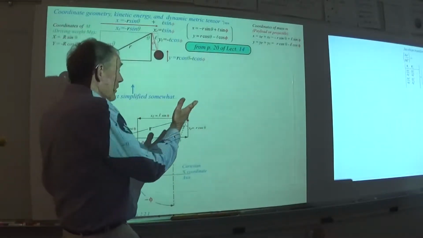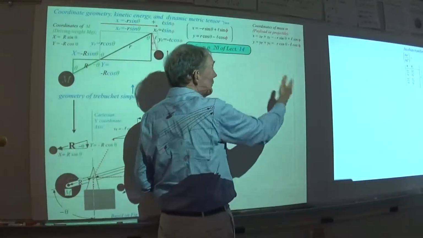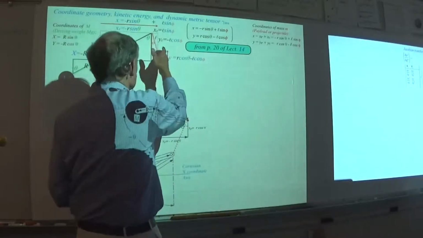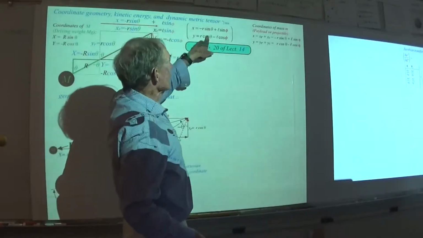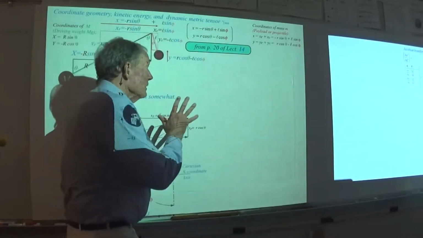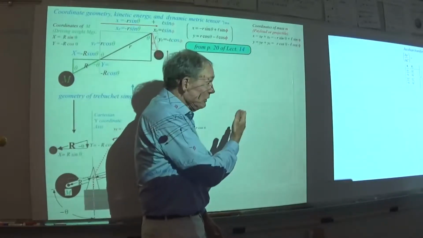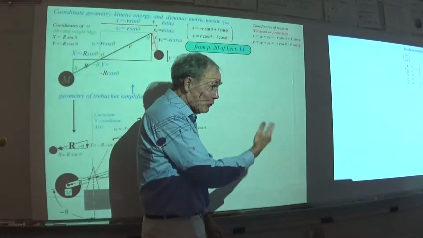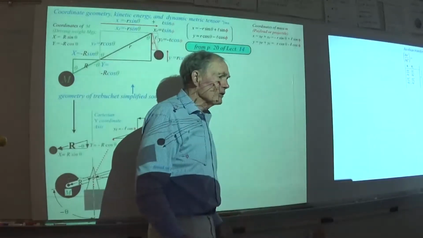Now, what started me off on that was that right now we're just writing the equation of the most difficult part of this thing, which is the projectile that's riding on this arm. We've already got the polar coordinates for this one, so we don't need to do that. But what we're doing here now is just building the g mu nu metrics that go with the coordinates of each of these things, and then we can put that together.